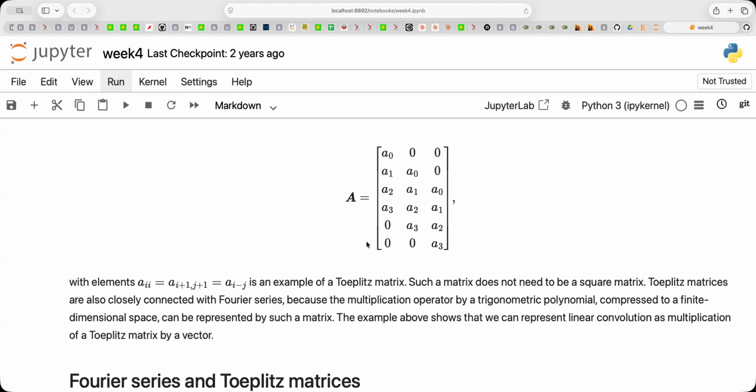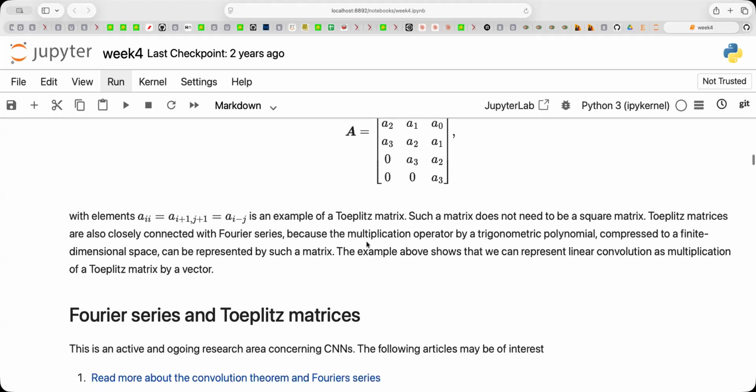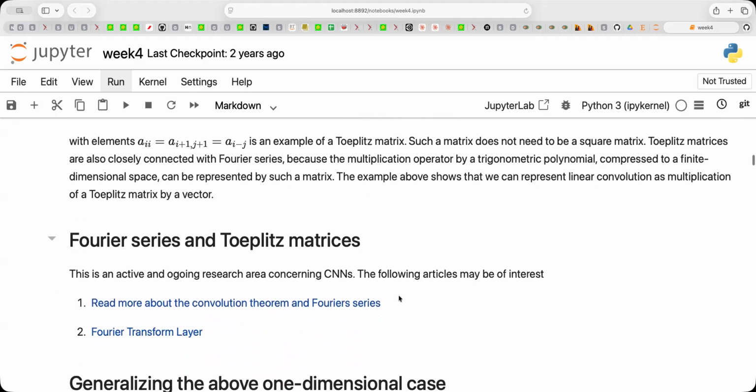There are some subtleties which we unfortunately don't have time to cover, and there's a lot of research going on concerning CNNs and Fourier series. So I just put up these links. If you're interested in these topics, I invite you to take a look.